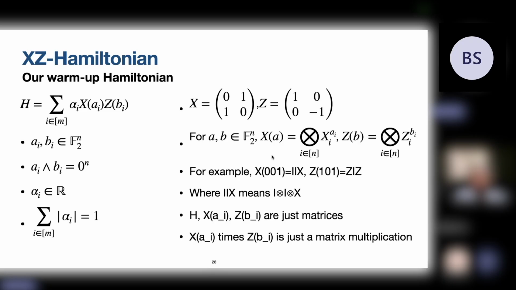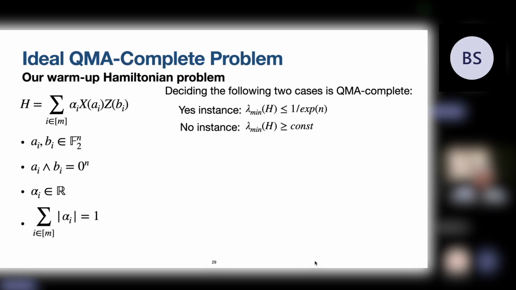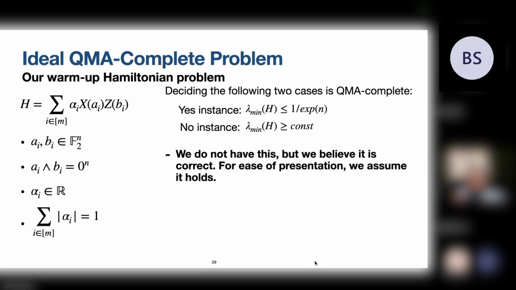Okay, I assume you know this way to define X_A Z_B. For example, X_001 times Z_100 is going to be Z tensor identity tensor X. So here, deciding whether the minimum eigenvalue is smaller than exponentially small or greater than a constant, we assume is QMA complete. For the presentation, we assume this.